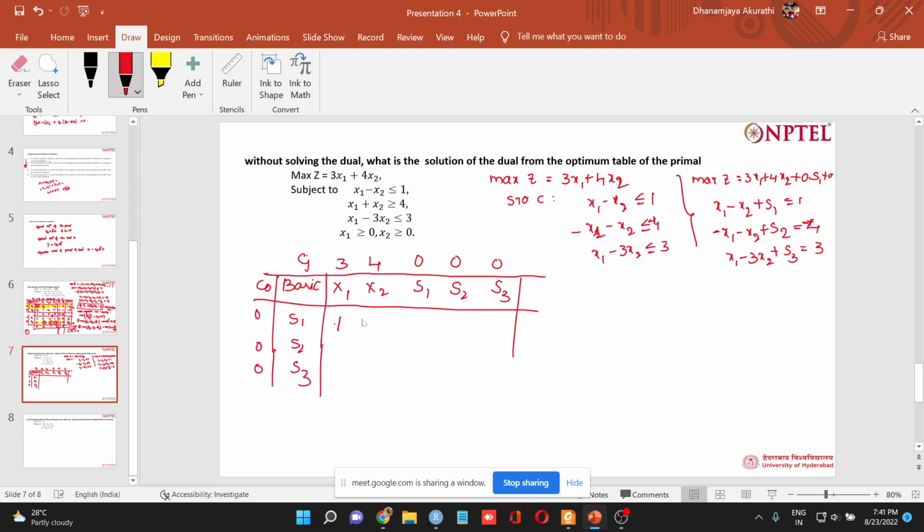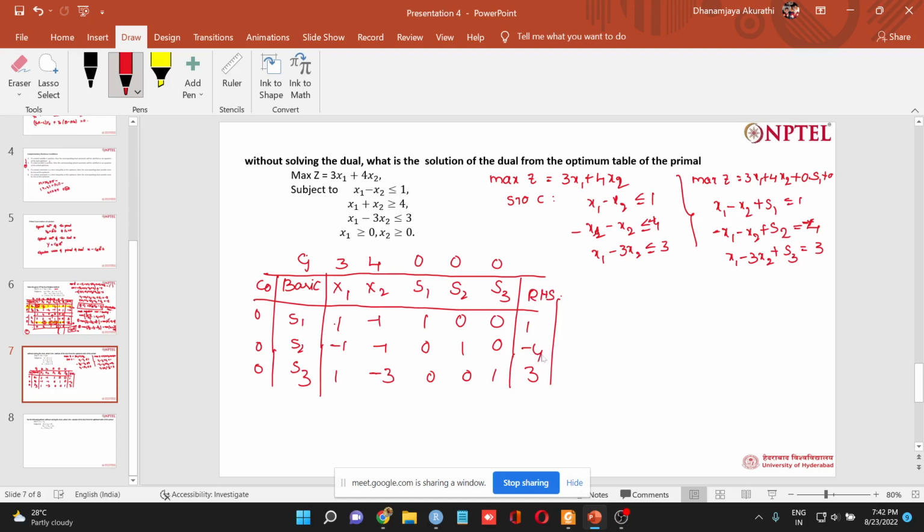So the given entries are, so here we observed that one of the RHS values is minus 4.